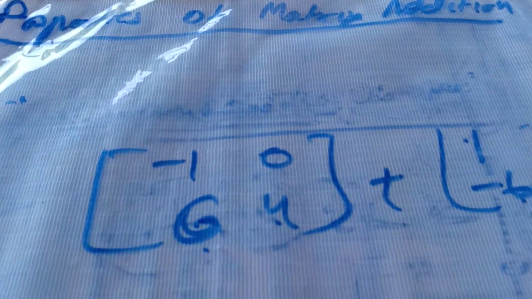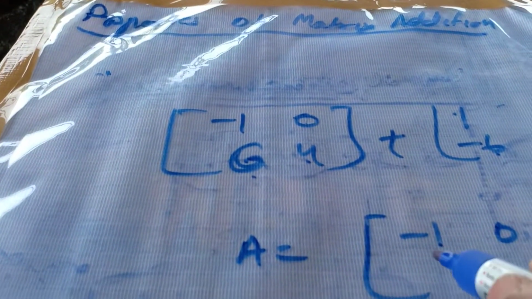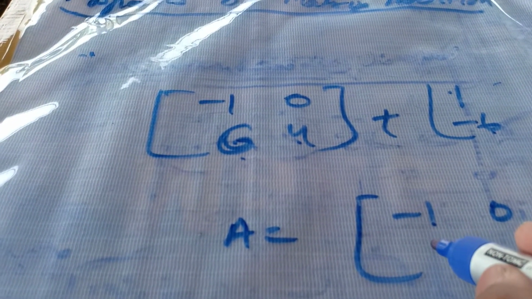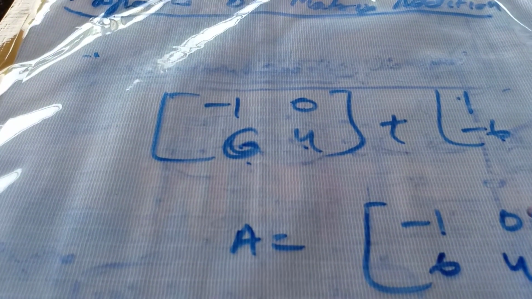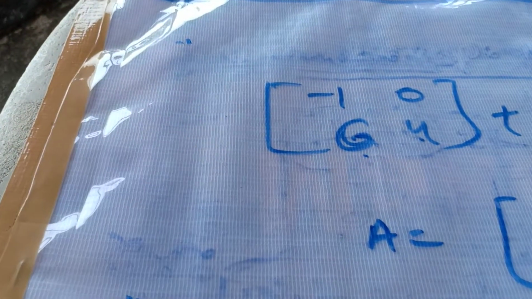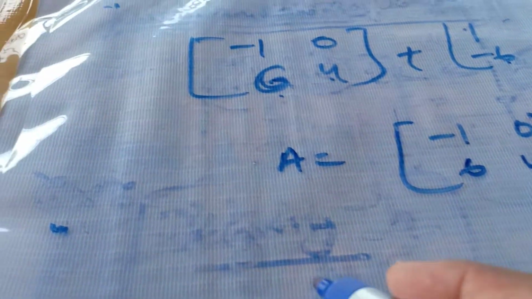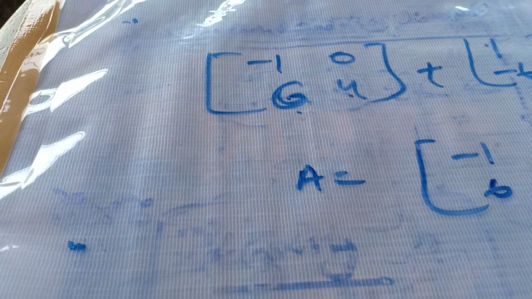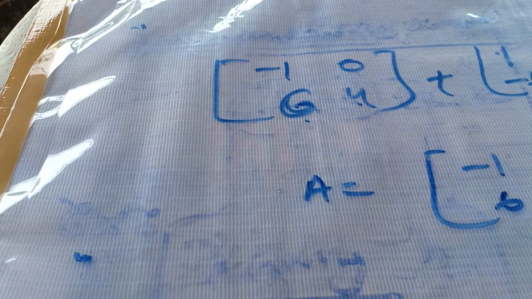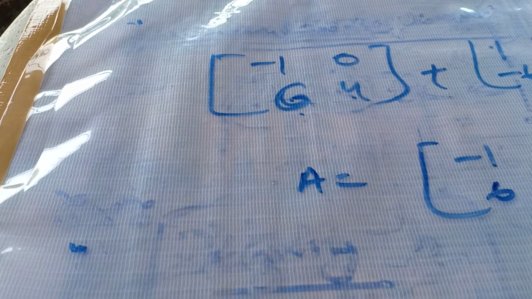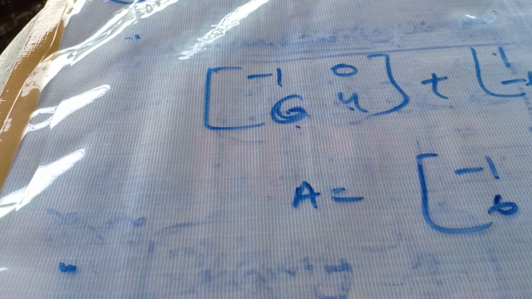Understood? Suppose this A is -1, 0, 6, 4. We are getting the inverse matrix, the additive inverse, not the multiplicative inverse. So we are getting 1, 0, -6, -4. If I take minus common from all of this, I can write it like this, minus of -1, 0, 6, 4.